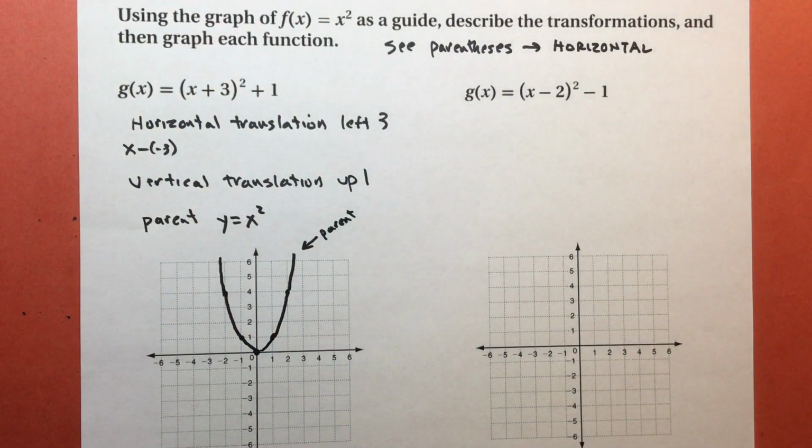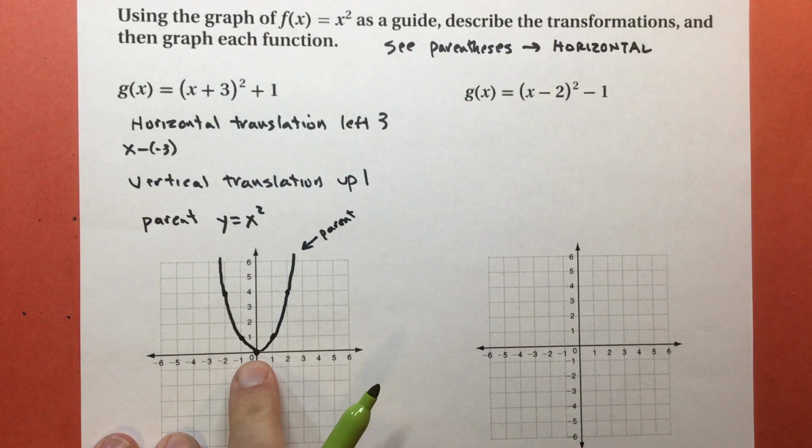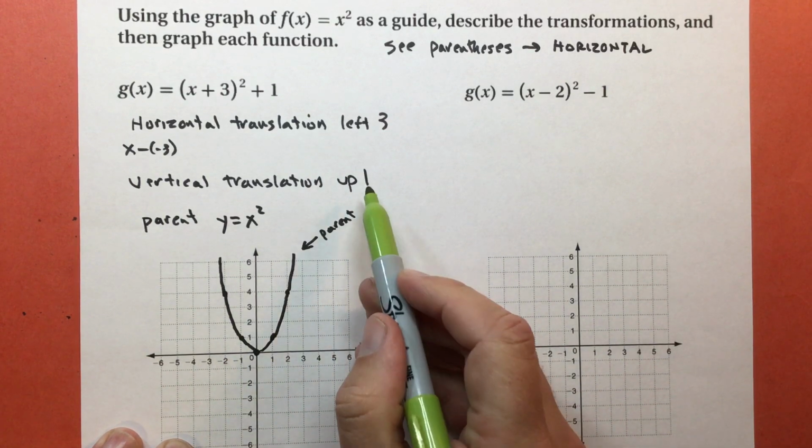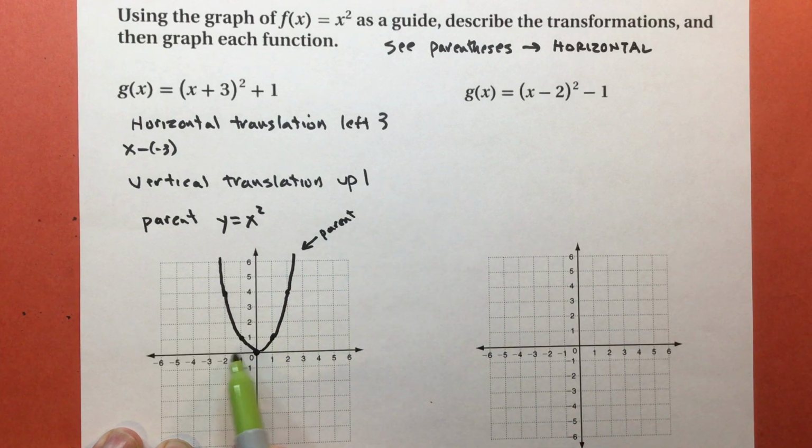Now, how do I draw the translation? Well, look at that vertex. This is going to be important. That vertex is going to move left 3 spaces. So it's going to go 1, 2, 3. But it's also going to go up 1 space. Now, all the other points are going to do the same thing.